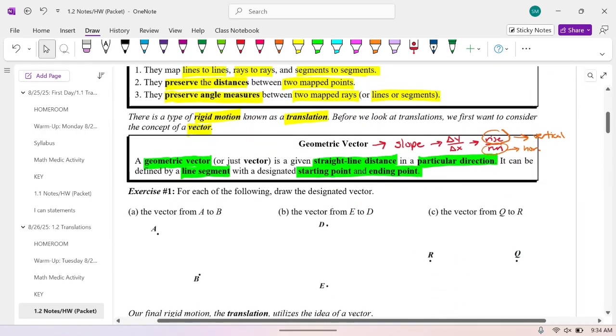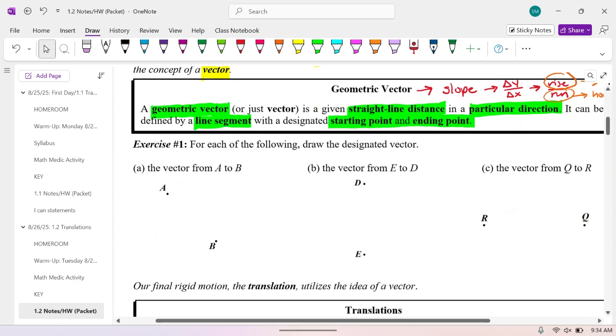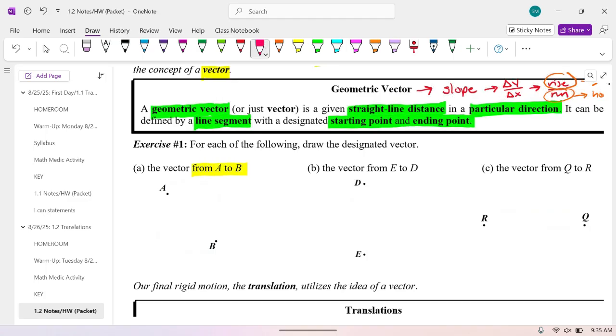Now, for this one, we are just going to be drawing the vectors. You always want to signify which is the starting point and which is the ending point. The way that you do that is you draw an arrow towards the end to map its distance. So if it says that we're going from A to B, that means we're starting at A. If this is our start point, we're going to go all the way down to B. And I typically draw an arrow right here so I know that that's the direction I'm going in.